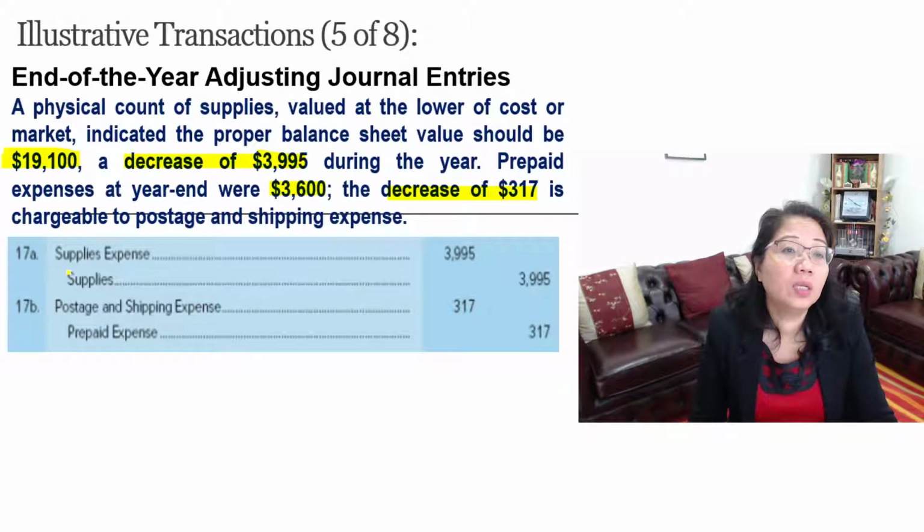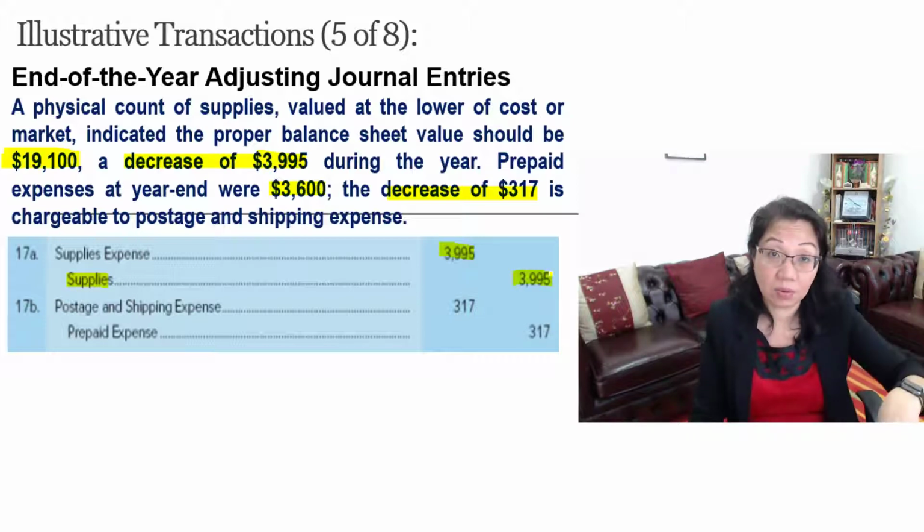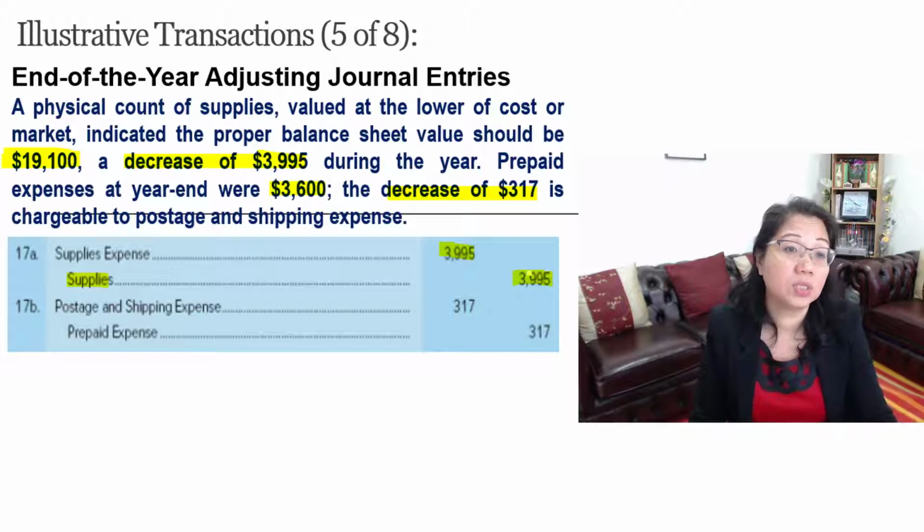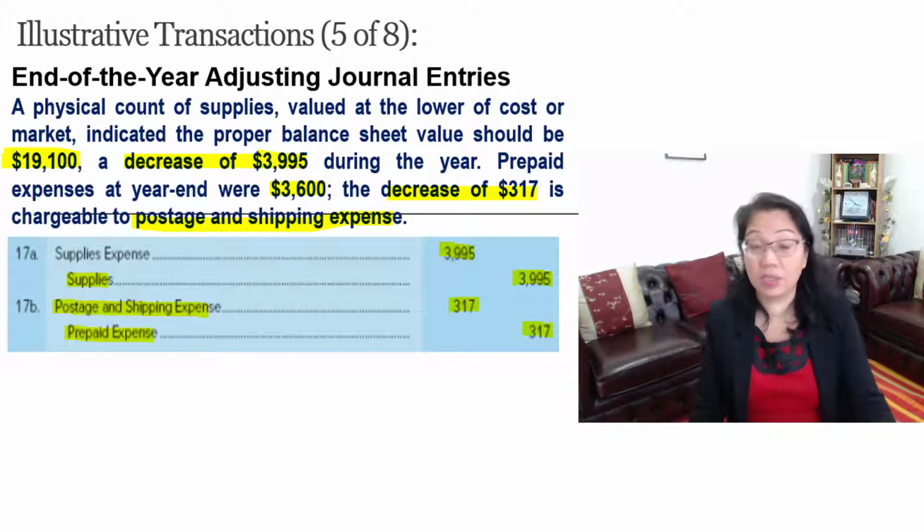So we will journalize this adjusting entry by debiting supplies expense 3,995 and crediting supplies for 3,995 because there is a decrease in supplies, so we need to credit supplies and debit supplies expense. Also, debit postage and shipping expense because it says it's chargeable to postage and shipping for 317 and credit prepaid expense $317.